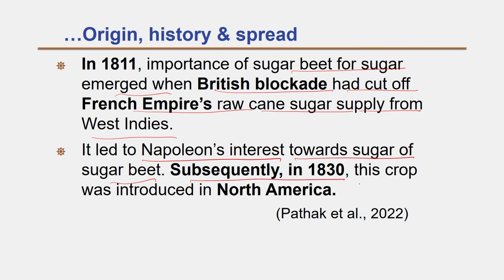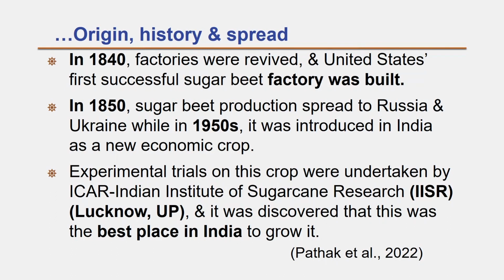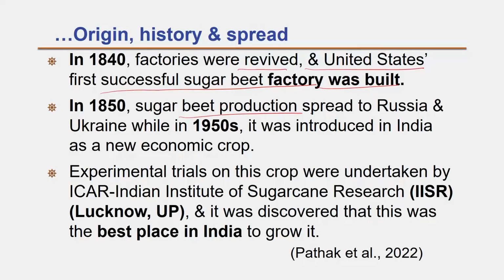Subsequently, in 1830, this crop was introduced in North America. In 1840, factories were revived and the United States' first successful sugar beet factory was built in the year 1840. In 1850, sugar beet production spread to Russia and Ukraine, while in the 1950s it was introduced in India as a new economic crop.